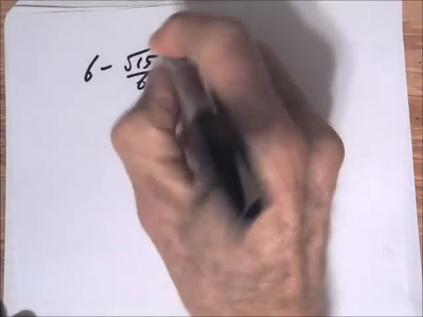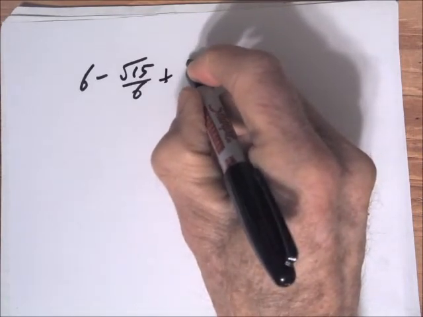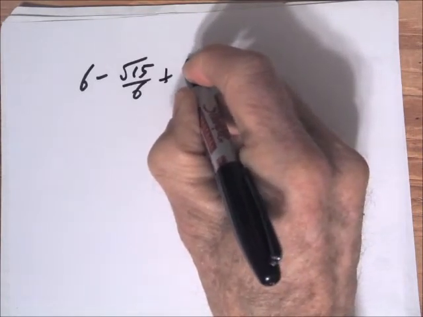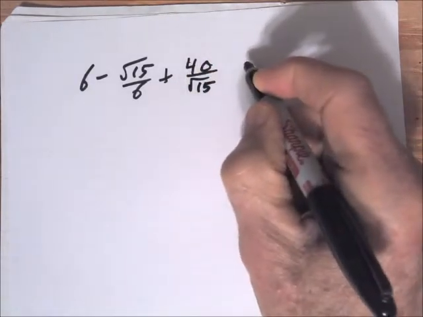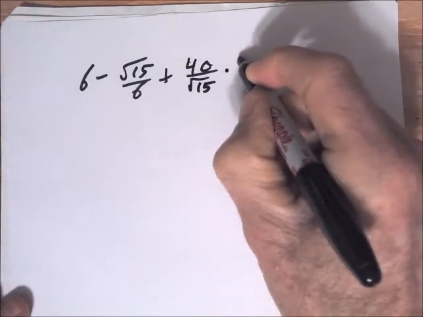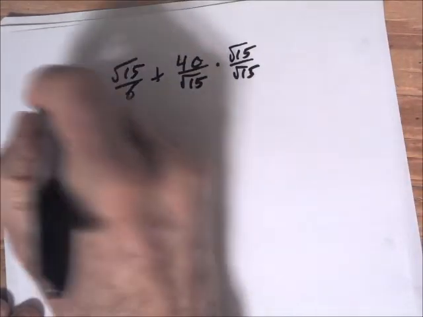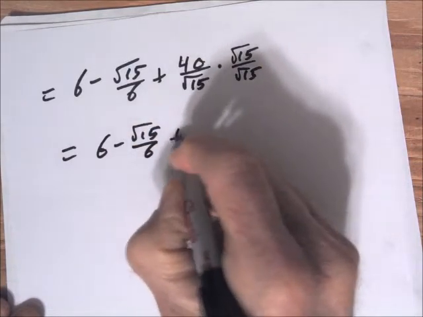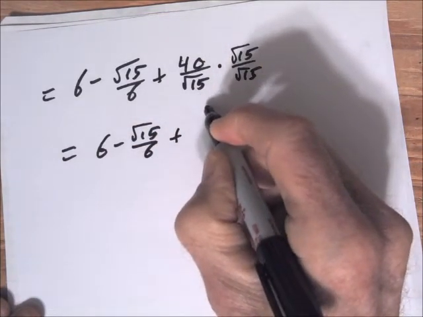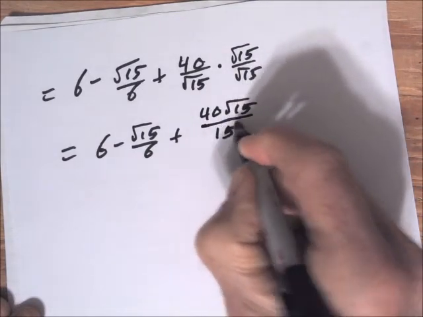So we'll have 6 minus root 15 over 6 plus 40 over root 15. Okay, so let's multiply top and bottom by root 15. 6 minus root 15 over 6 plus 40 root 15 over 15.